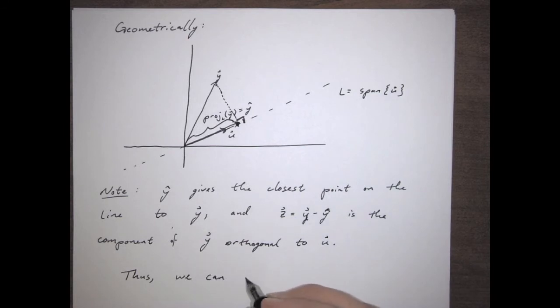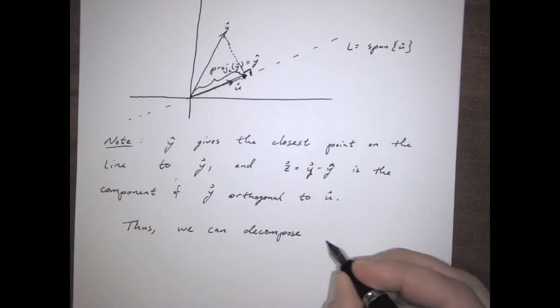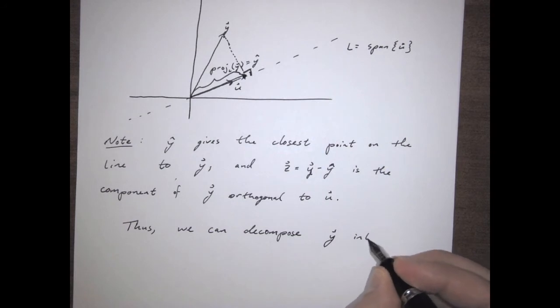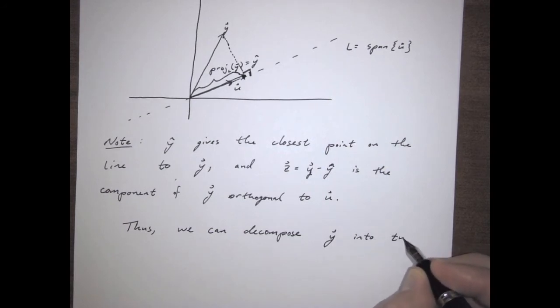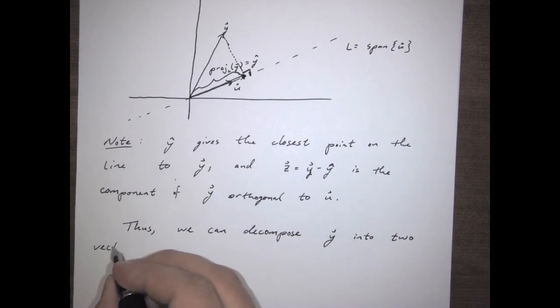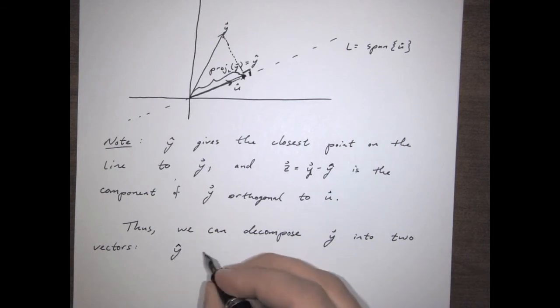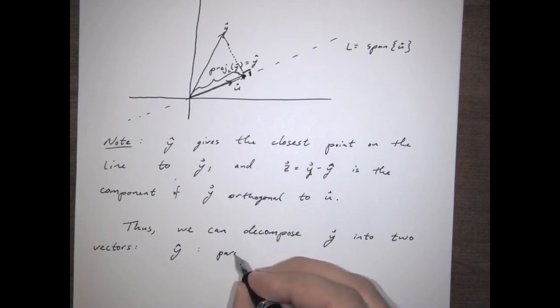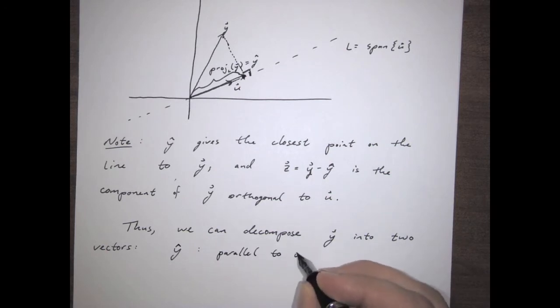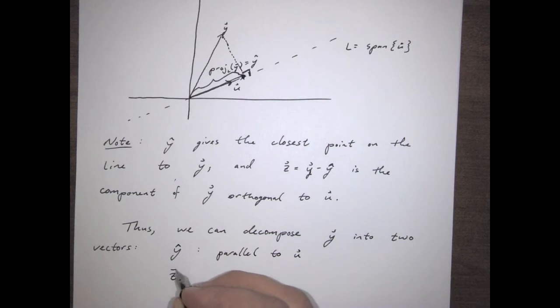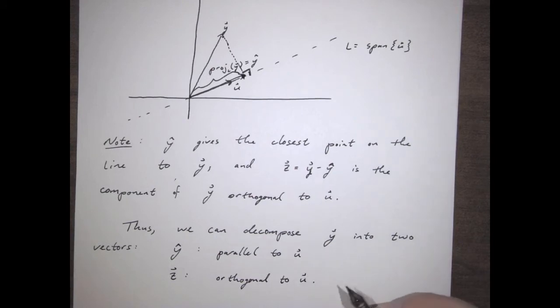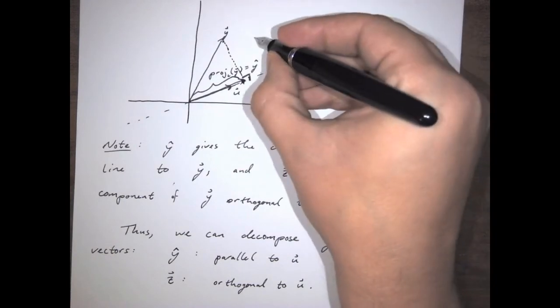So thus, we can decompose y into two vectors, y hat, and this one is parallel to u, and z, and this is orthogonal to u. So the z up here would be this.